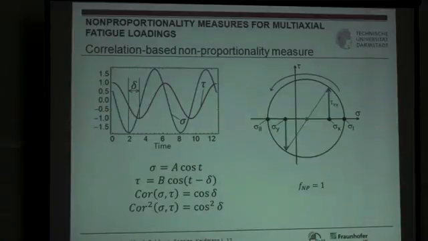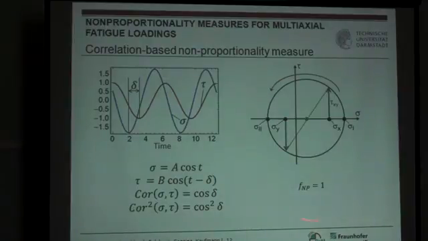Now some pictures as well. So basically, what this correlation does, if we have two cosine signals, the correlation between them is the cosine of the phase shift. So somehow this measure is the average of the phase shifts between sigma and tau components over all coordinate systems.